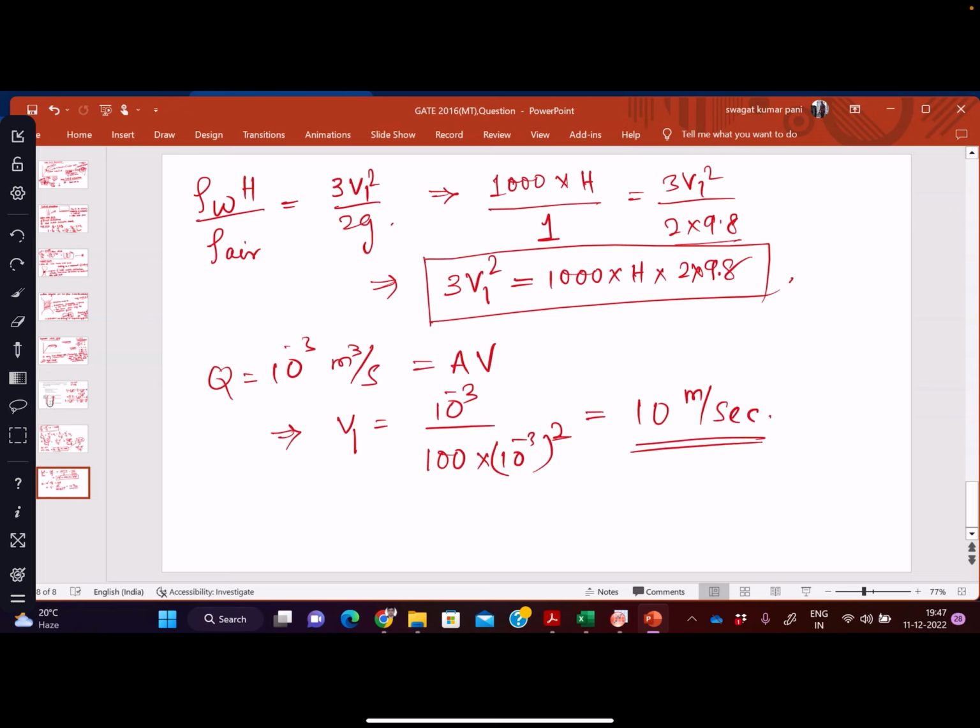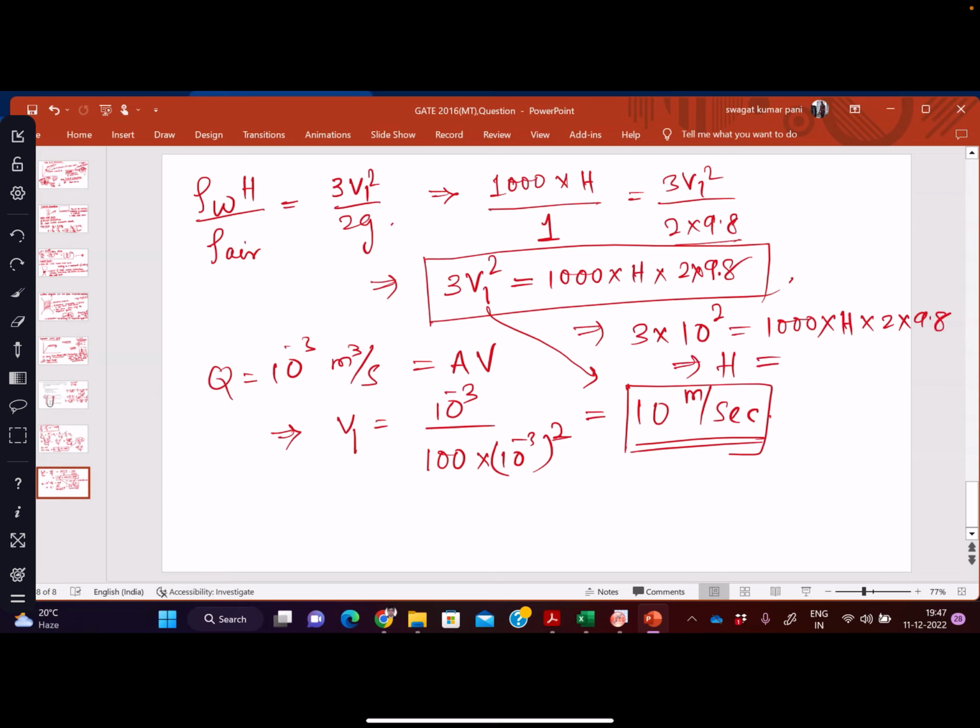We divide Q by the area and get this velocity, and in place of V1 we put 10. So 3 into 10 square equals 1000 into h into 2 into 9.8.